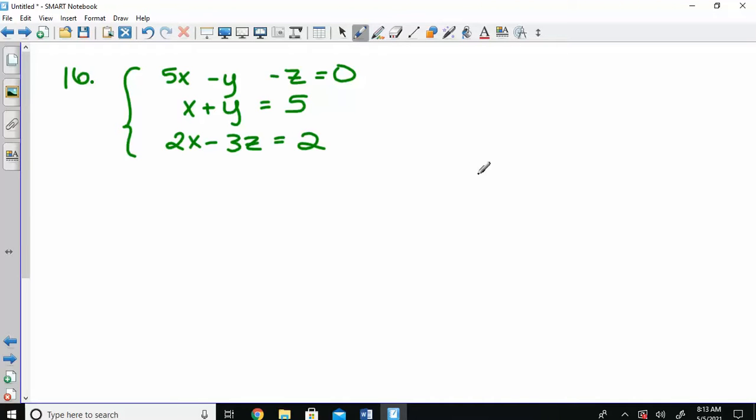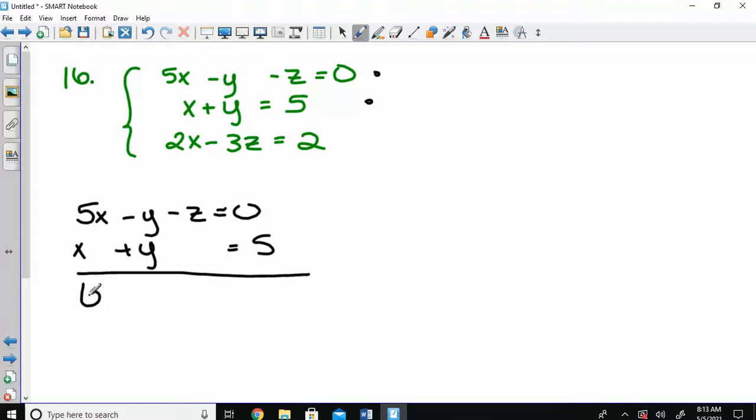If I took the first 2 equations, what could you easily eliminate? The y. You don't even have to multiply by anything. We have 5x minus y minus z equals 0, and x plus y equals 5. So if I add these, 5x and 1x gives me a 6x, positive y and negative y cancel, minus z equals 0 plus 5 is 5.